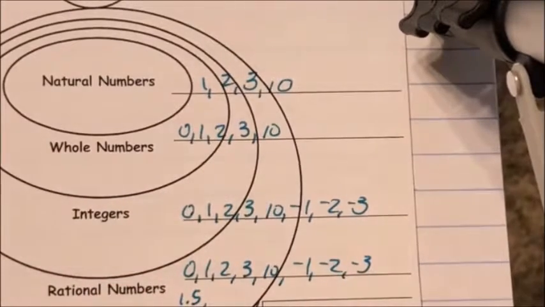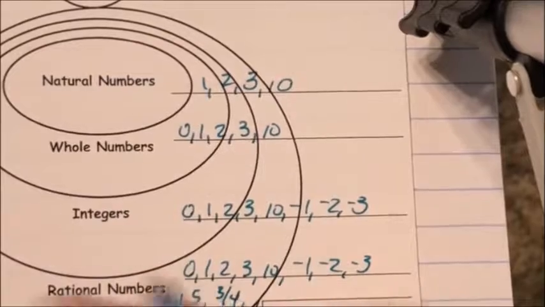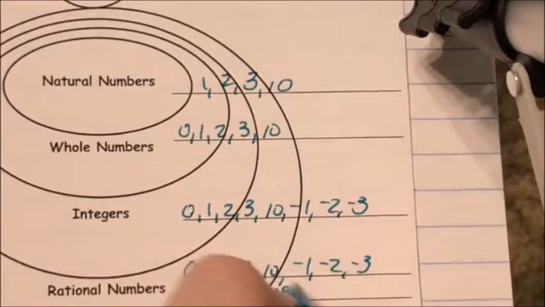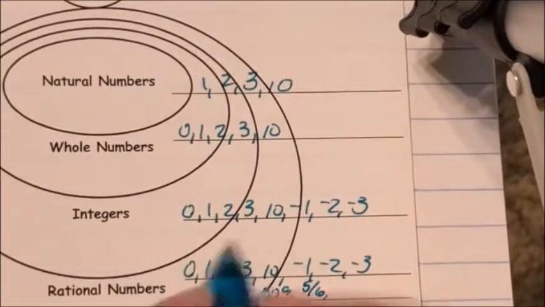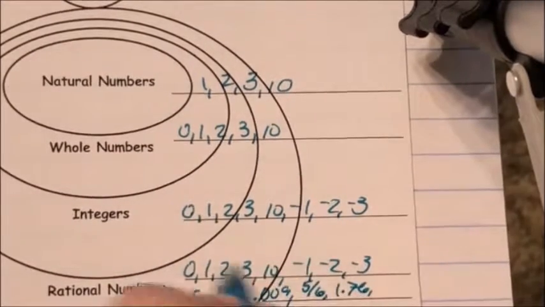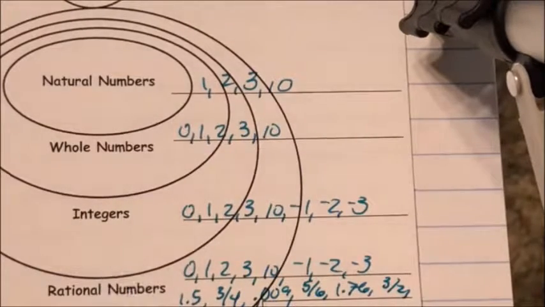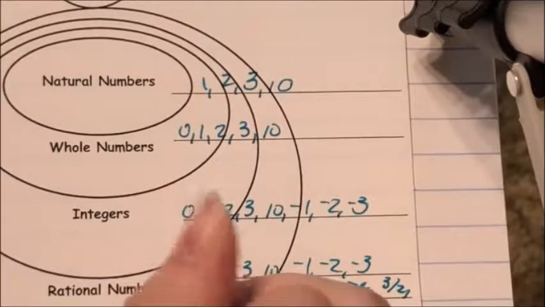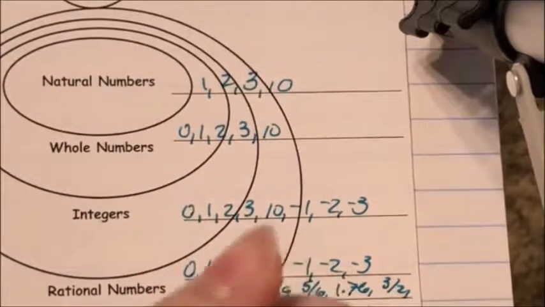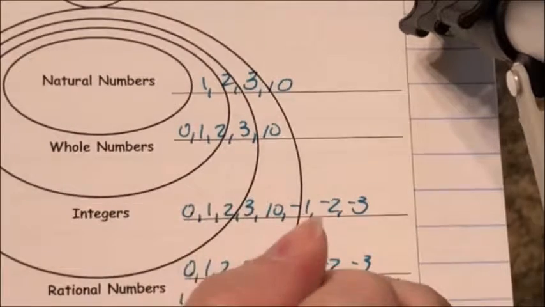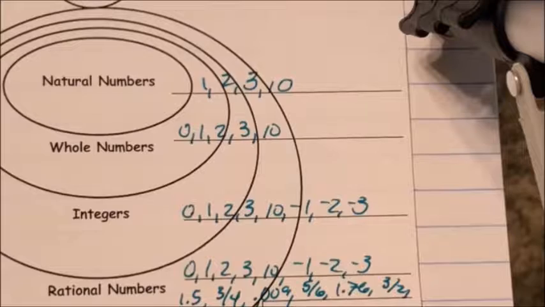So I have 1.5, 3/4, 0.009, 5/6, 1.76, 3/2, p over q, 3.14, the square root of 100, which turns into 10 actually, and -2/17.